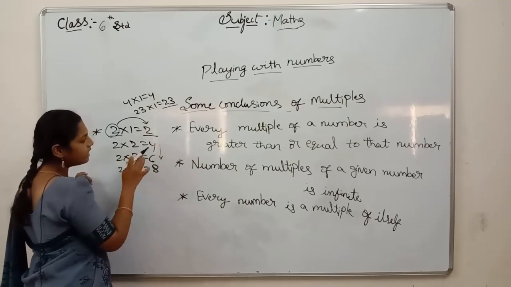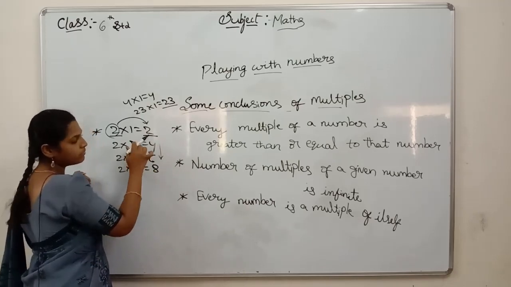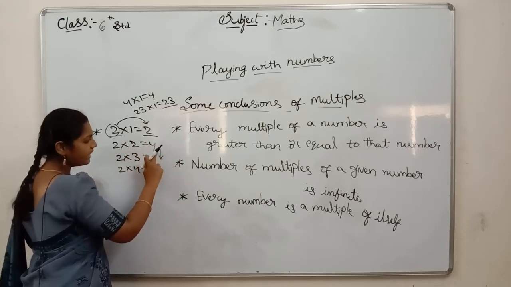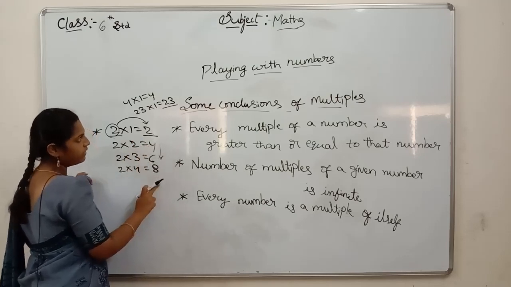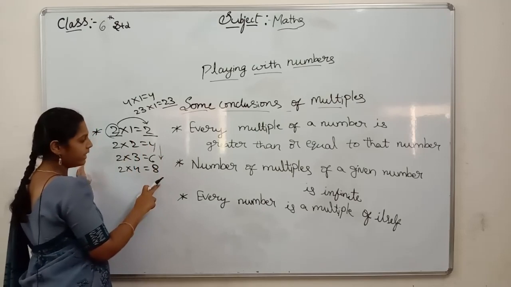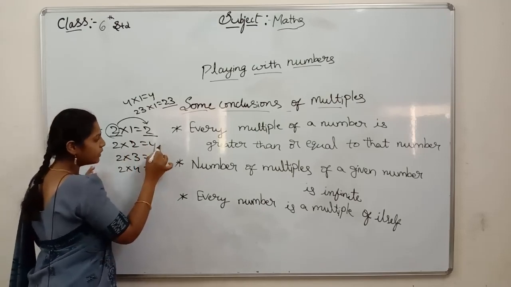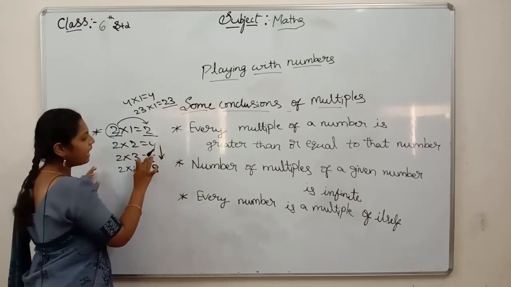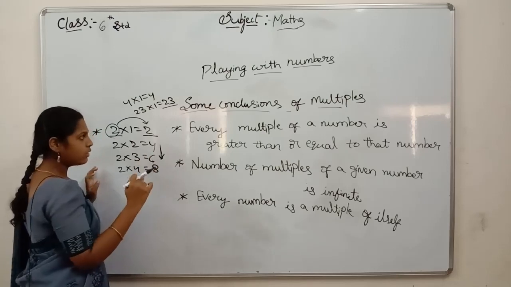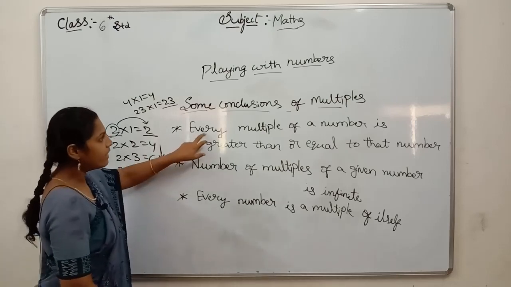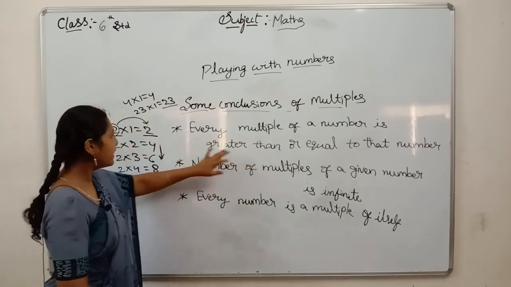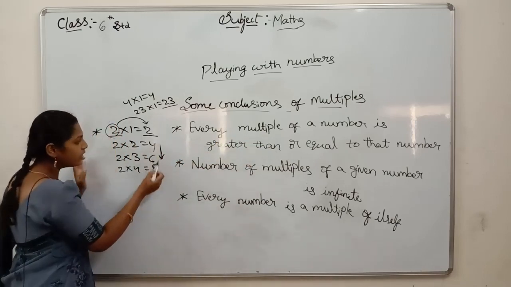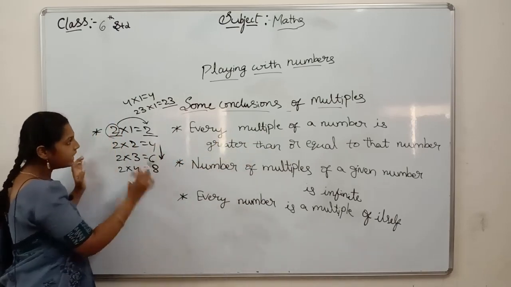Will we get any number less than 2? No, we will see greater numbers here. If you take any table, 4 table or 5 table, as we move down, the value of the number is going to increase. So what they said here: every multiple of a number is greater or equal to that number.